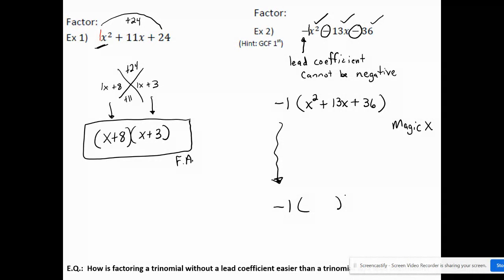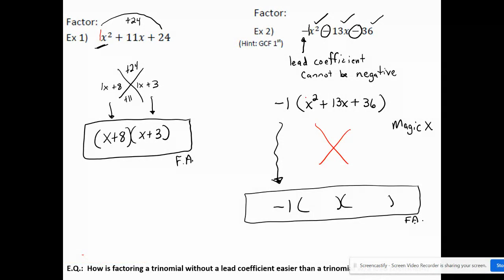I'm going to put my 2 parentheses like we did yesterday and get ready for our final answer, right? So our magic X, 1 times 36, because remember there's a hidden 1 right there. So what multiplies to 36 and gets us to 13? And then we're just going to put 1x, 1x.